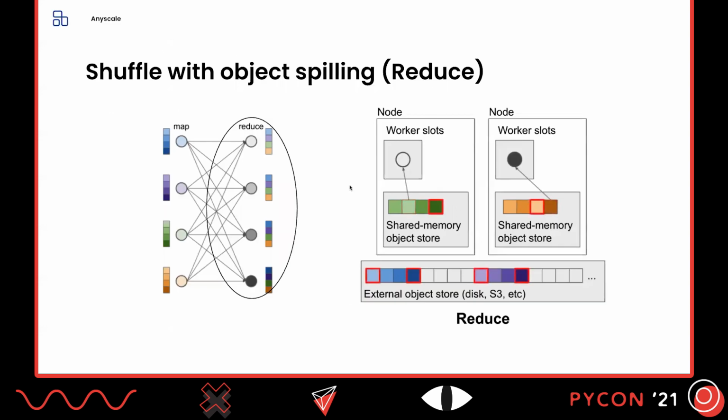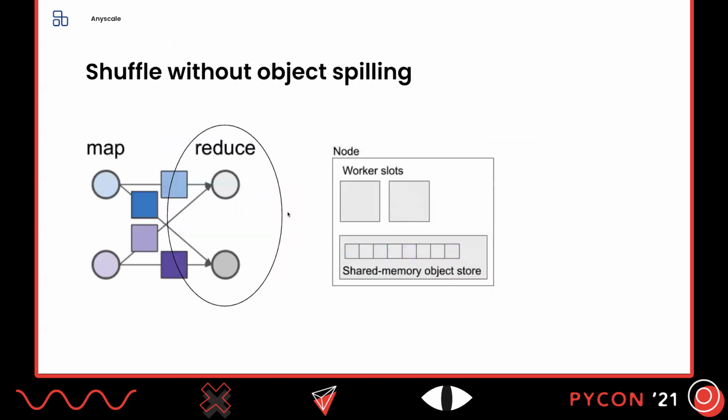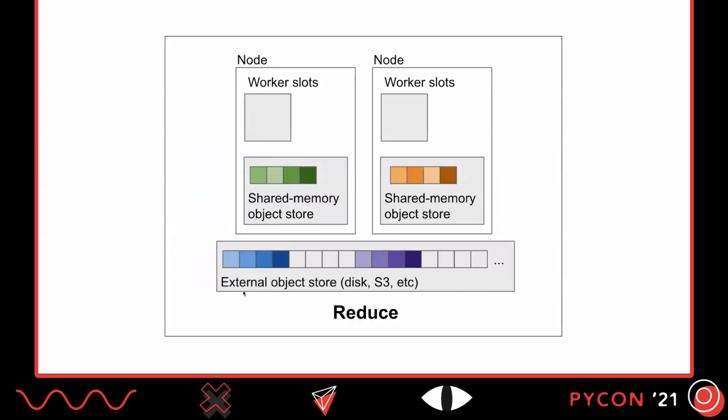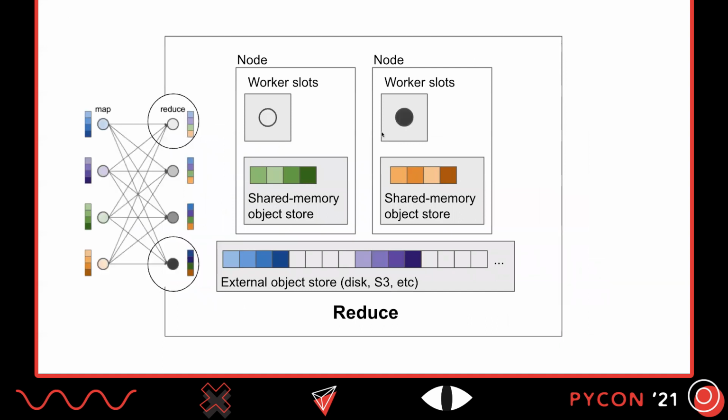Then what's going to happen in the reduce phase? Note this is the same process as this reduce phase. And we have more tasks here. So first, this is the state after all the map phase is done. So now two reduce tasks are scheduled, and you realize this needs these 4 objects, and this black task needs these thick 4-color objects that are shuffled. So the first thing is it has to restore the object from the external storage into memory so this task can access it.